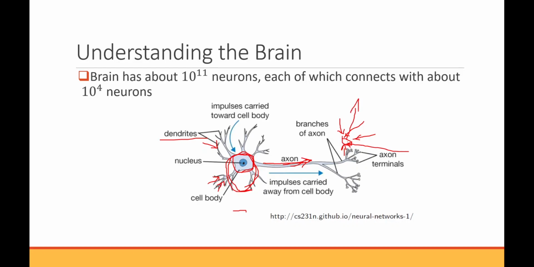So essentially, this is how information gets propagated from one neuron to the other. Okay?